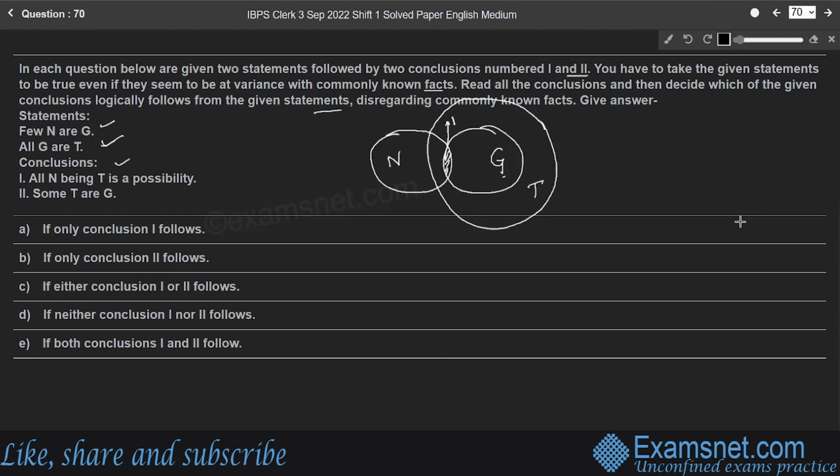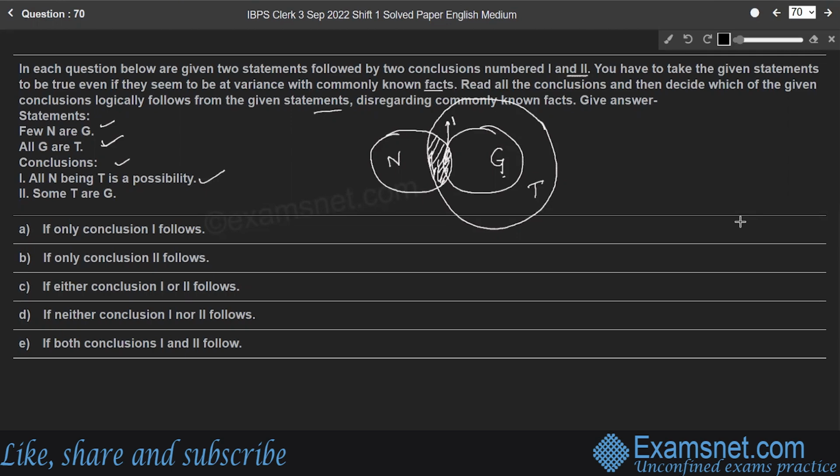Here the conclusions are, all N being T is a possibility. So according to the statement, portion of N is also portion of T. Here, few N are T according to statement. So here, all N being T is a possibility.